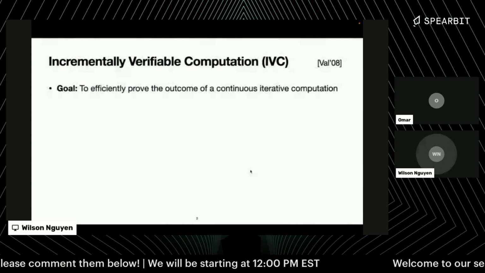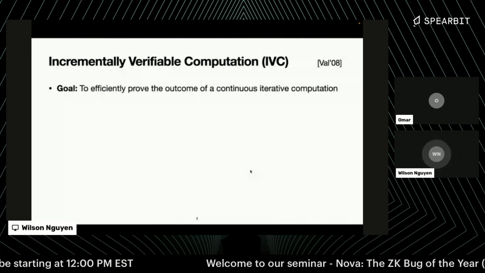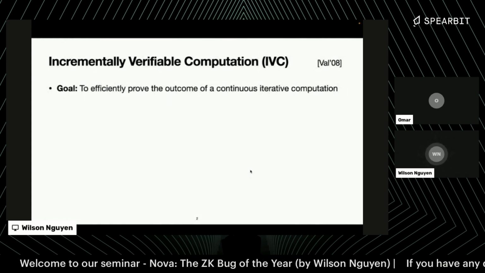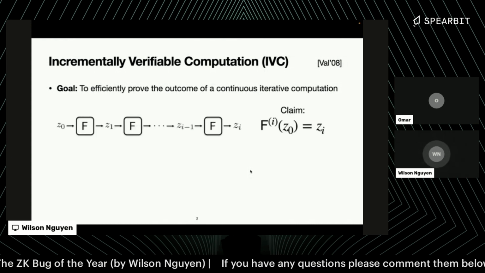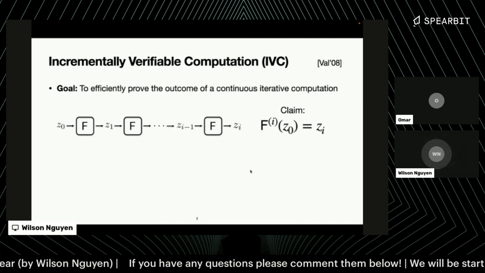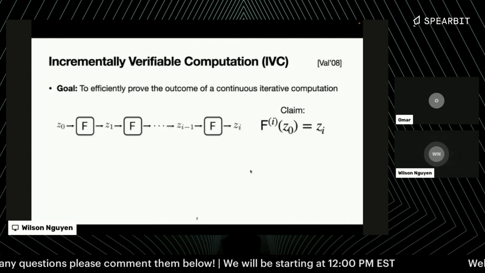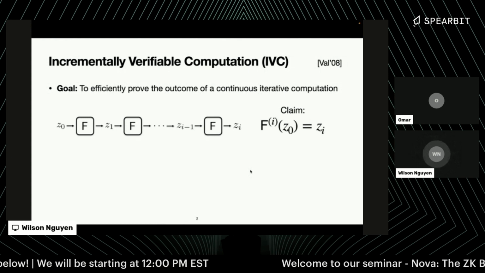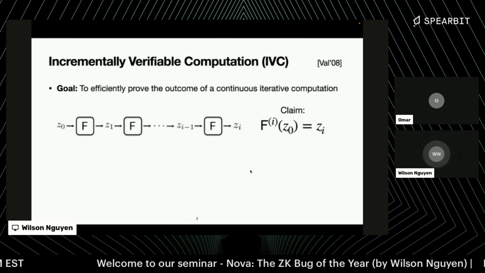So incrementally verifiable computation, or IVC, introduced by Valiant in 2008, is a method to efficiently prove the outcome of some continuous iterative computation. So here in this diagram, you can imagine you have some initial value z0, you have some function f, and the claim that you would like to prove is that some value zi is the result of repeatedly applying the function f i times.